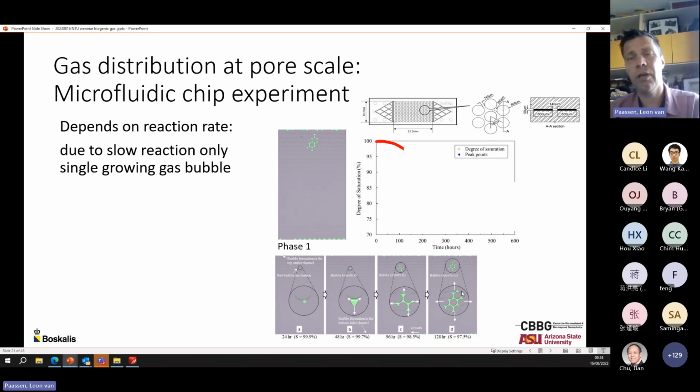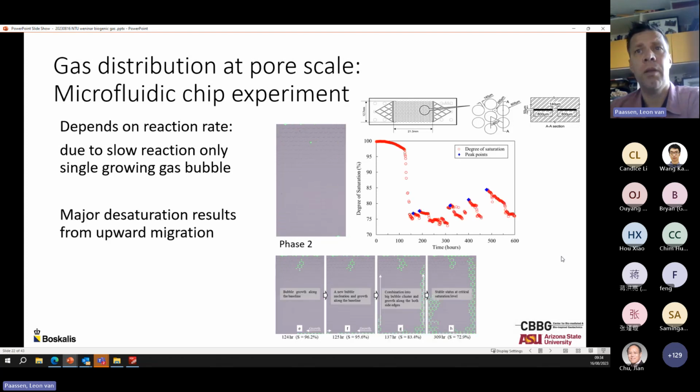At the pore scale, there can be a lot of pore pressure fluctuations. One reason why there was only a single bubble growing is because the gas is formed very slowly. Once you form gas very slowly, you have a single bubble somewhere in the porous domain, and all the gas can diffuse towards the single bubble instead of forming a new bubble.